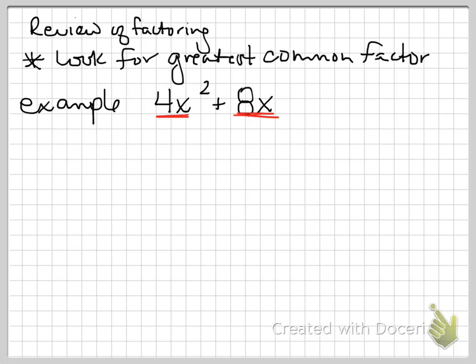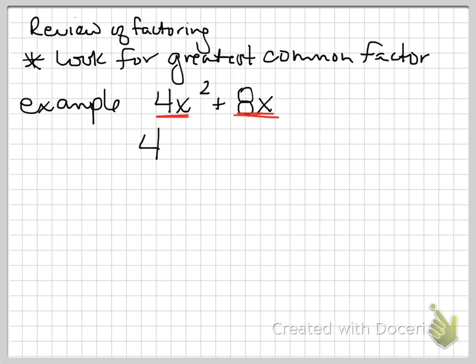So if I look at these two numbers, I have a 4 and an 8. Well, the factors of 4 are 1 and 4 and 2 and 2. The factors of 8 are 1 and 8 and 4 and 2. So the largest number they have in common is that 4. So I'm going to write that down. That's my GCF.